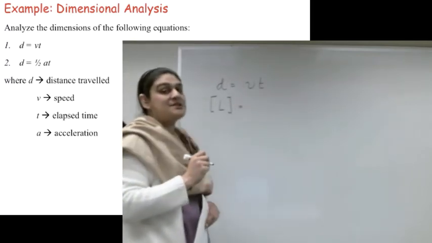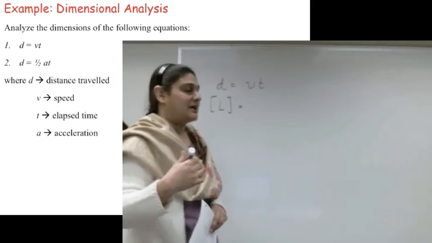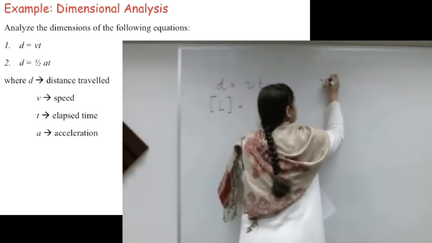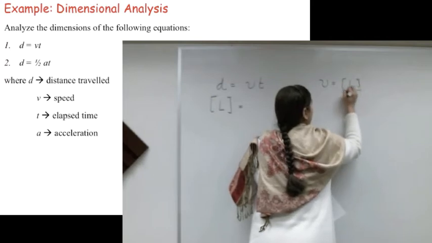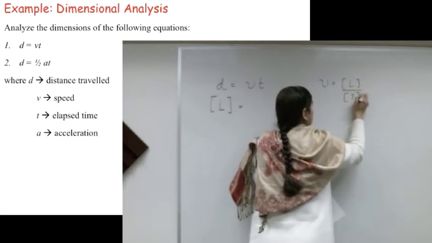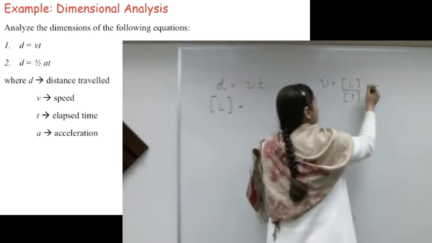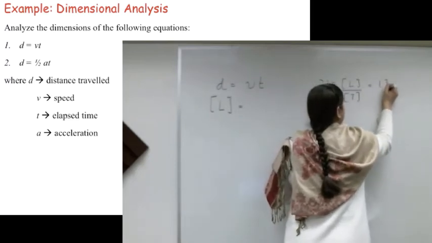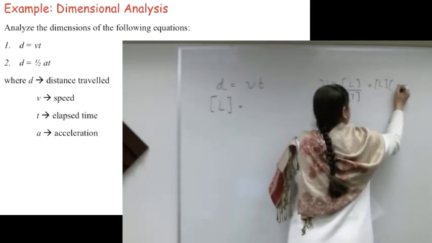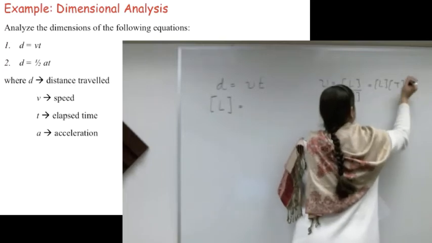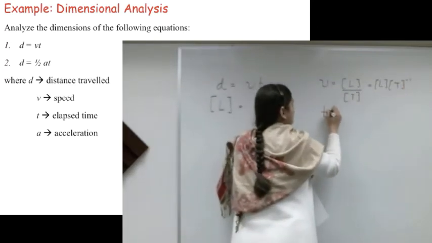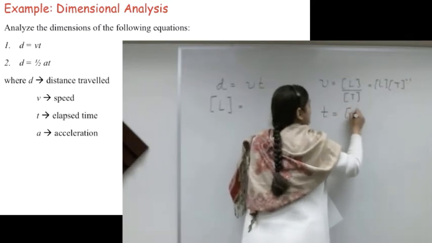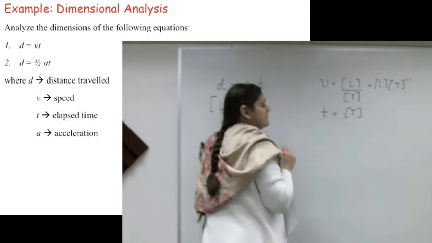Given that v is equal to distance over time, we can write the dimensions of v as distance over time, which can also be rewritten as LT^-1. The unit for t is seconds, which means dimensionally it will be time.